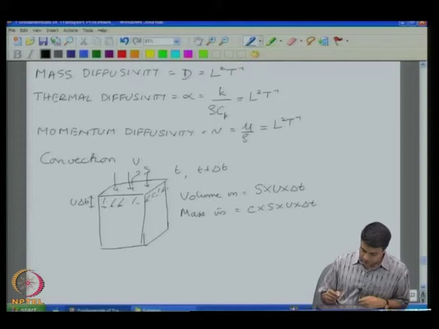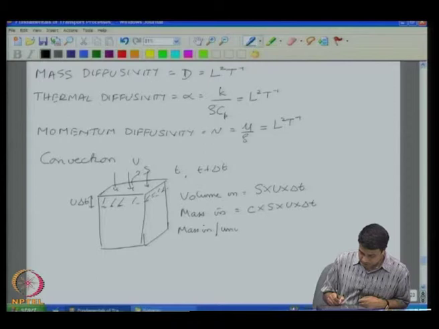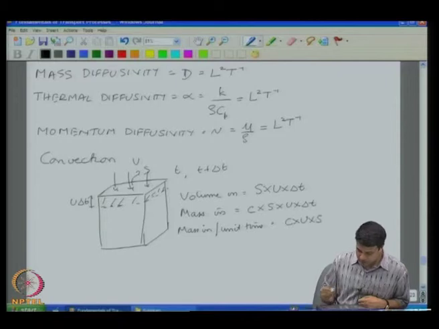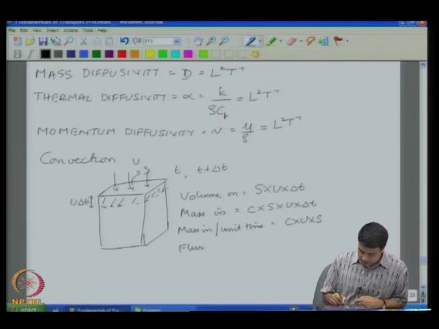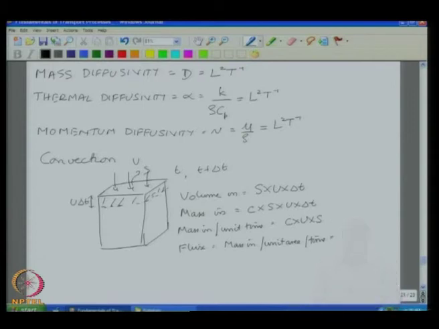Therefore, the mass in per unit time is equal to C into u into S, and the flux, which is mass in per unit area per time, is this mass in per time divided by the surface area S, which is just going to be equal to C into u. So, the flux of mass is just equal to the concentration times the velocity.